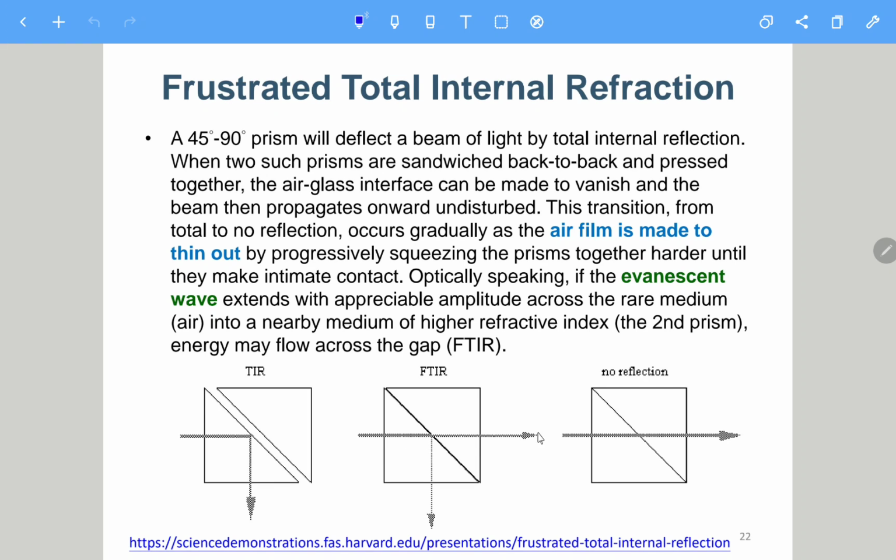Part of it can go through, and part of it is reflected. This phenomenon is quite interesting, and it is related to the quantum theory. We don't have enough time to talk about the tunneling effect, which is in chapter 38.